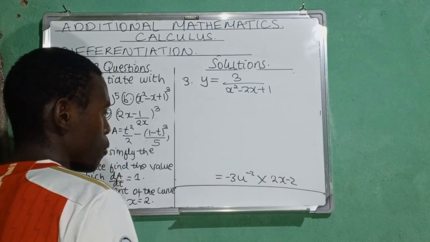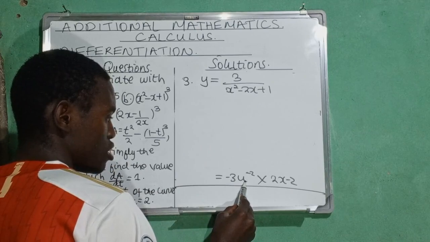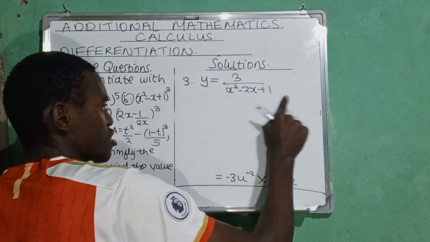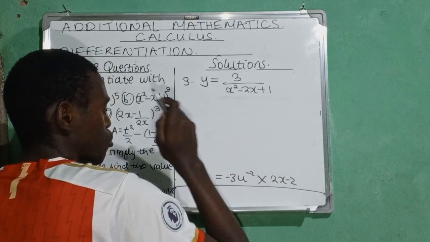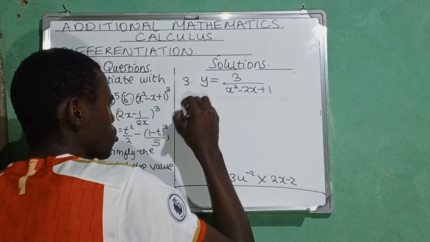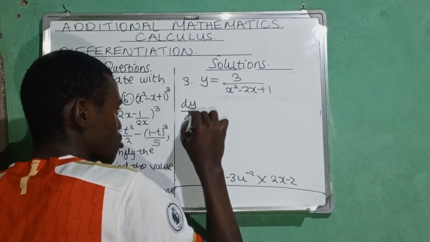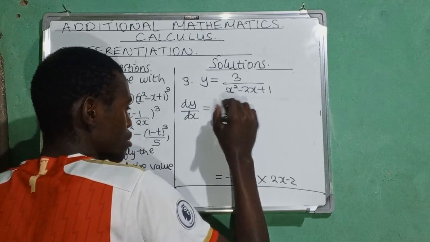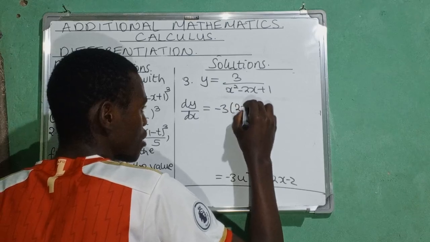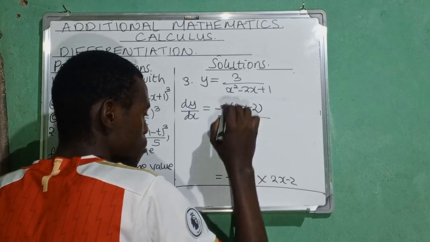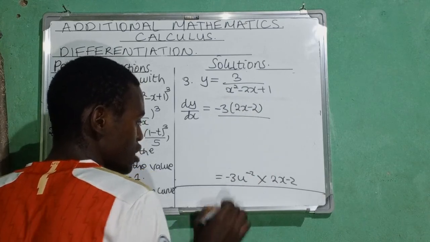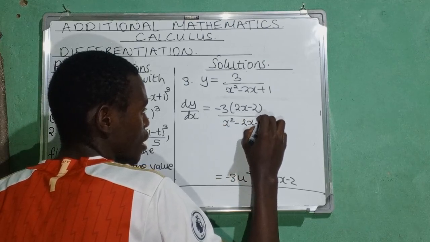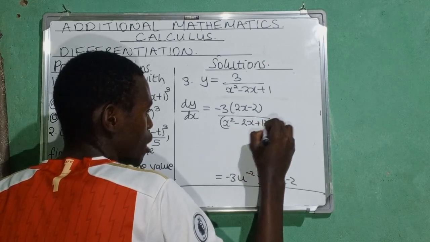Okay, so the letter u was not in the question. The letter u is simply this, because this was the core, if you saw the beginning of the question. So your dy dx, which is your derivative, is equal to negative 3 multiplied by 2x minus 2, divided by u to the power negative 2, which is x squared minus 2x plus 1 raised to the power positive 2.